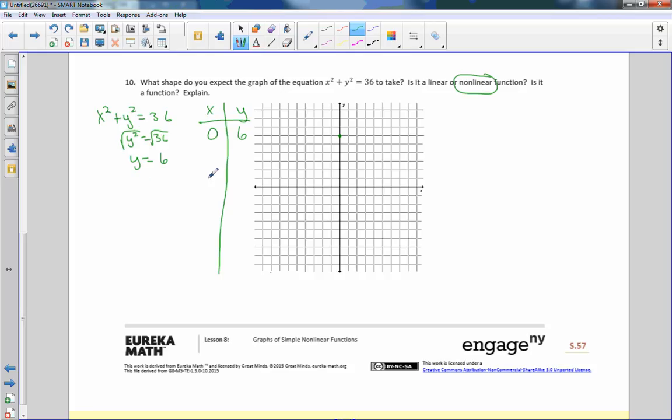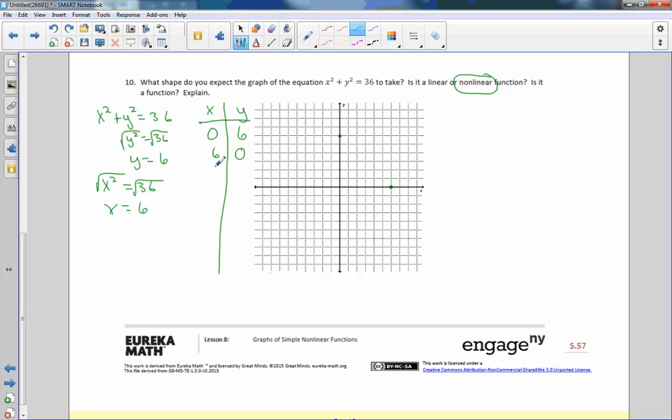Okay, now I'm going to choose 0 for y. So I'm going to say x squared equals 36 because y is 0, it goes away, and I take the square root of both sides, and I get x equals 6. The square root of 36 is 6. So now I have the point 6, 0, which is 1, 2, 3, 4, 5, 6. 0 is right here. It looks linear right there for starters, okay?